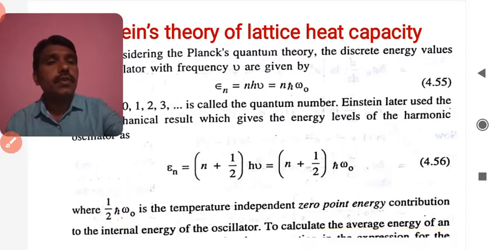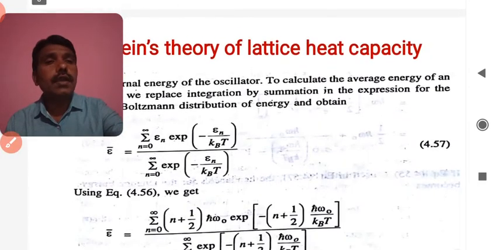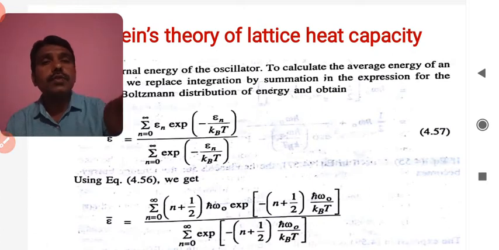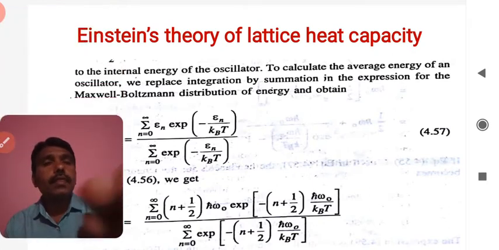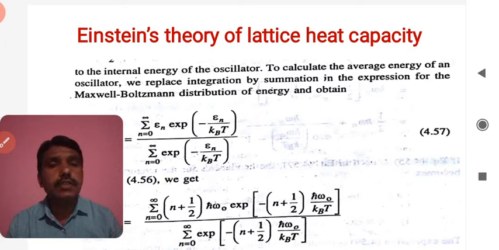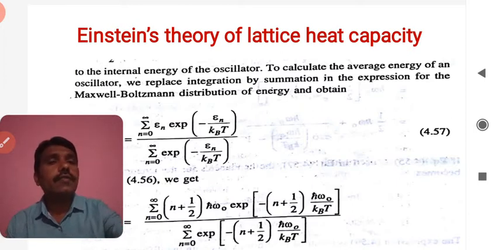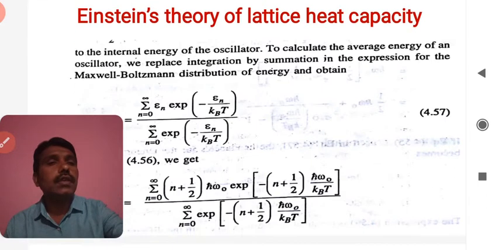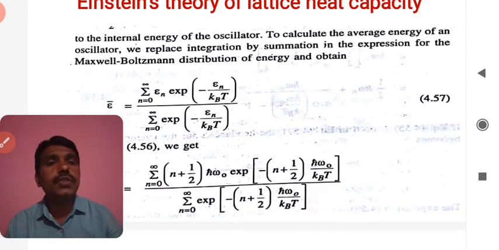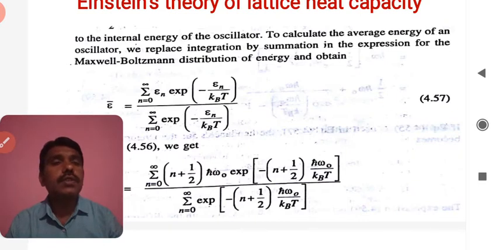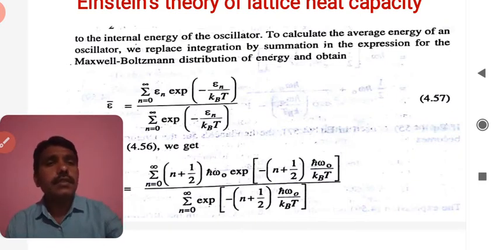And when I calculate the energy, I have to take the Maxwell-Boltzmann distribution. To calculate the average energy of an oscillator, we replace the expression for the Boltzmann distribution, and it is given by this relationship.